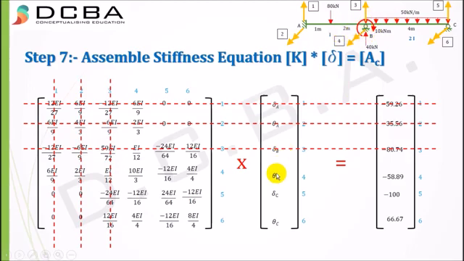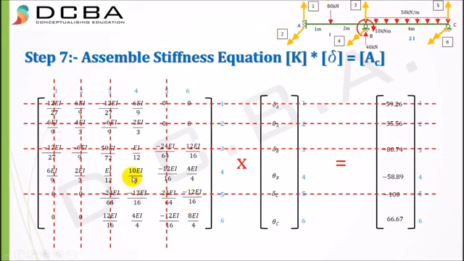Therefore, theta B will remain, and we won't cancel it out. Delta C is upward deflection at C, and again there cannot occur an upward deflection at C. Therefore, we'll cancel row 5, column 5, and theta C will also occur because this is a roller support, and there will be some rotation at this point. Therefore we won't cancel it out.